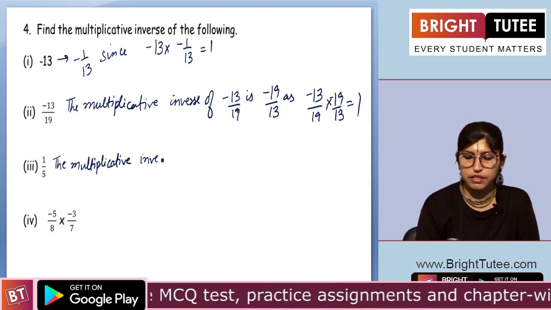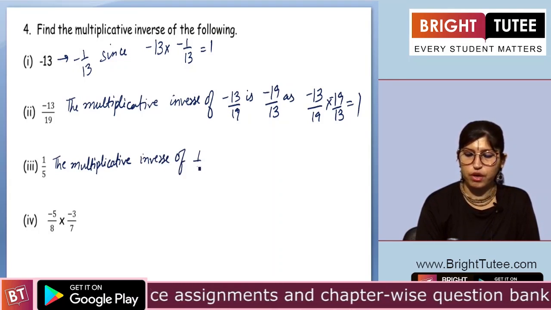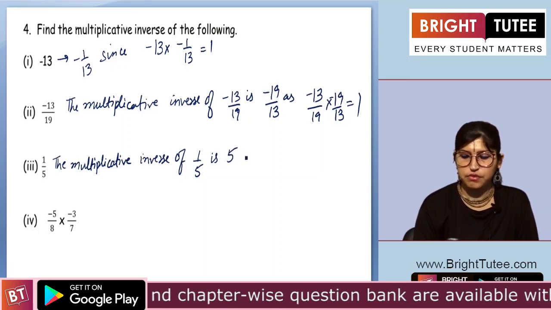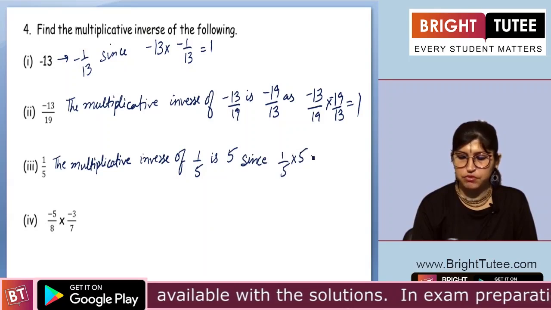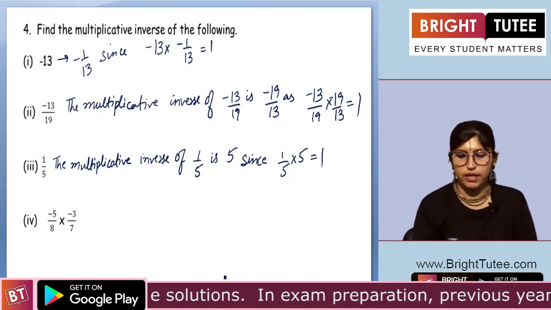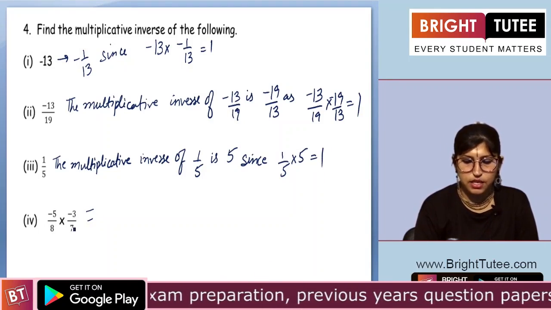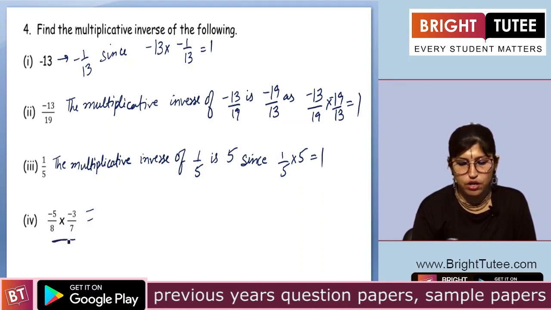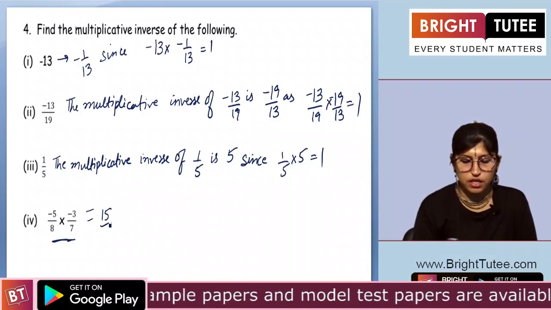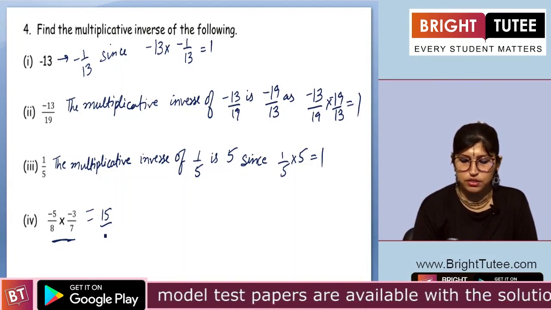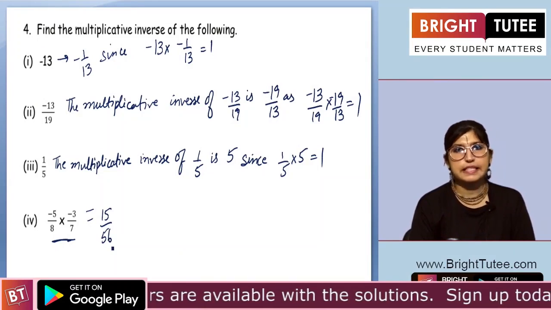So the multiplicative inverse of 1 by 5 is 5, since 1 by 5 times 5 equals 1. Last but not the least, we'll multiply and solve this first, and then we'll move on to the final answer. So the final answer will be 15 upon 56.